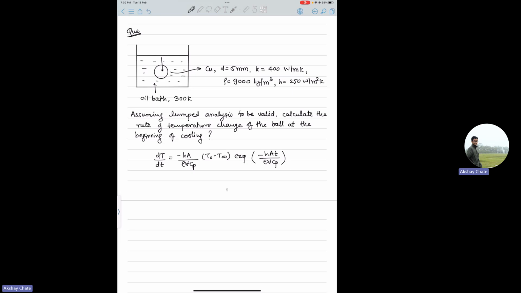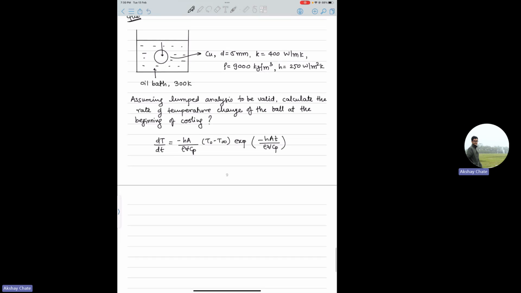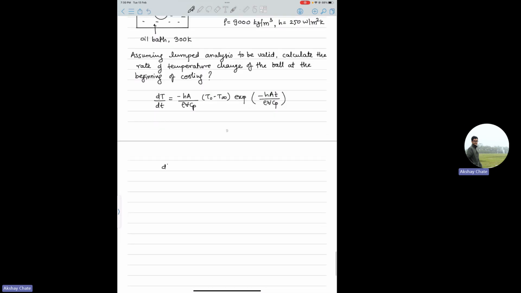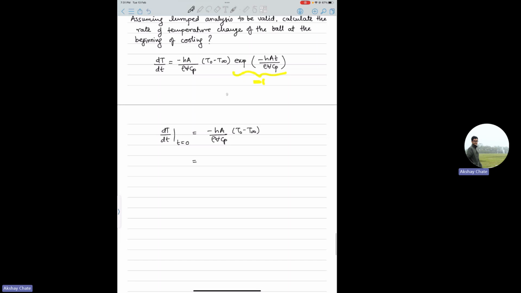This is just differentiating the temperature distribution expression. Now they are asking for dT by dt at t equal to 0. When you put t equal to 0, the exponential term goes to 1, and we have minus hA by rho V Cp times (T0 minus T infinity). It's a spherical ball, so V by A will be d by 6. If you put those things in, you'll get minus 17.31 Kelvin per second.